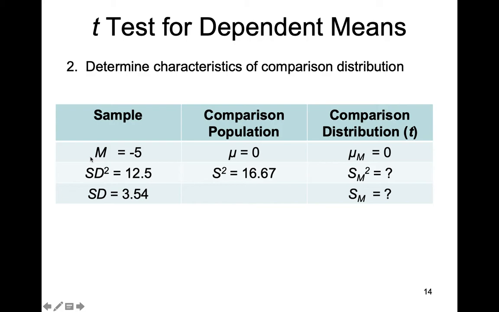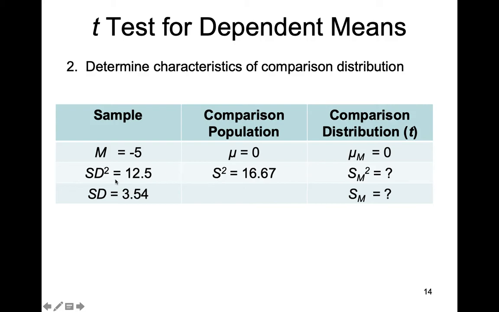All right, so in determining the characteristics of our comparison distribution, let's just lay out some of the numbers that we've got so far. Here's all of our descriptive statistics. Our sample mean was negative 5, so there was on average a reduction in depression of 5 points. Sample variance, sample standard deviation. Our comparison population, not our comparison distribution, but our comparison population, under the null hypothesis, would have an average change of 0 with a variance of 16.67, which is just our way of correcting the variance in order to have an estimate of population variance.